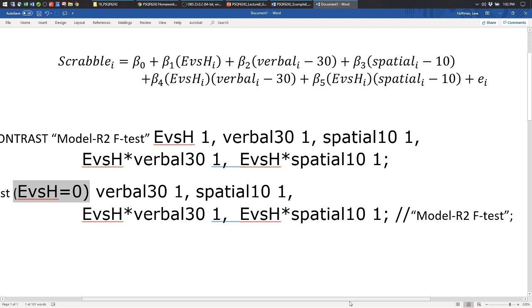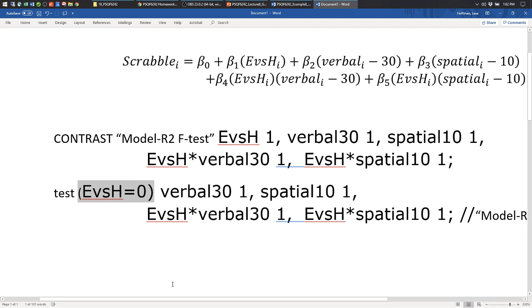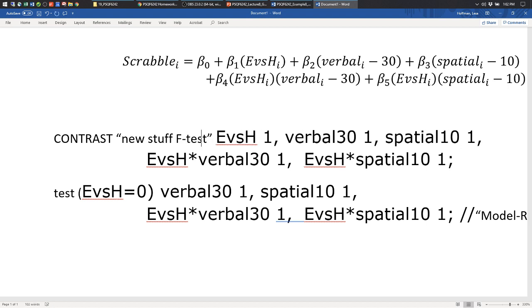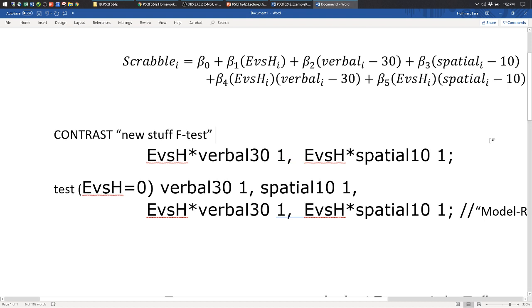So instead of listing everything, if you want an F-test for how the new stuff specifically improves the model, then your contrast only needs new stuff in it, which means all of that goes away.